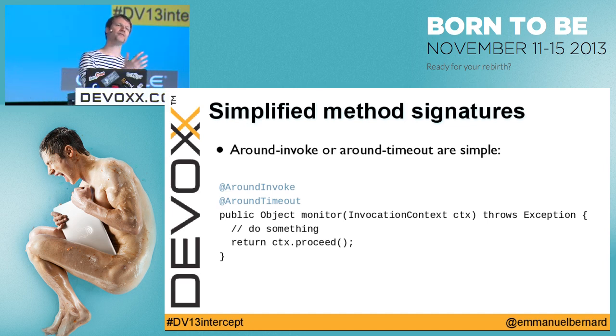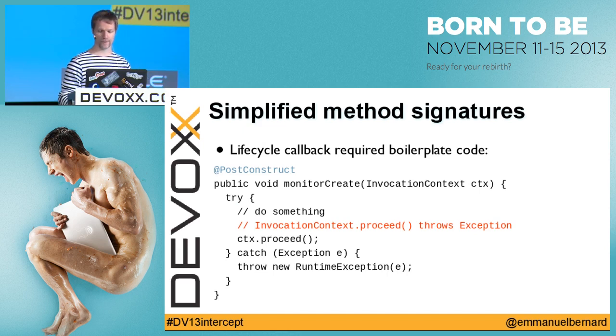But if you use a lifecycle interceptor, it's a bit different. A lifecycle callback, in theory, cannot throw an actual exception. They can throw a runtime exception if they want to, but they cannot throw a checked exception.